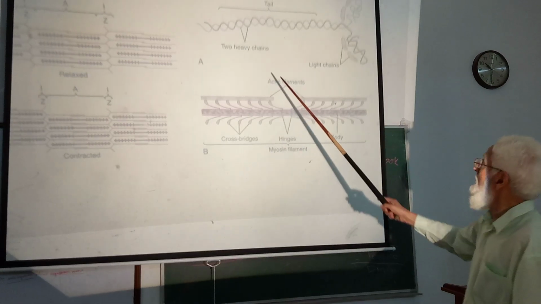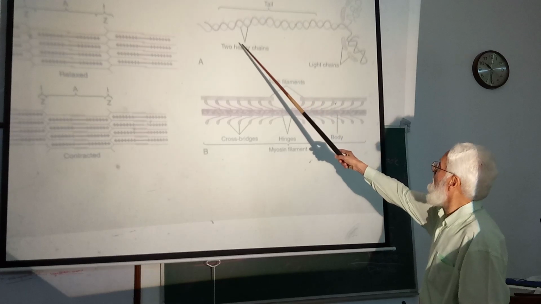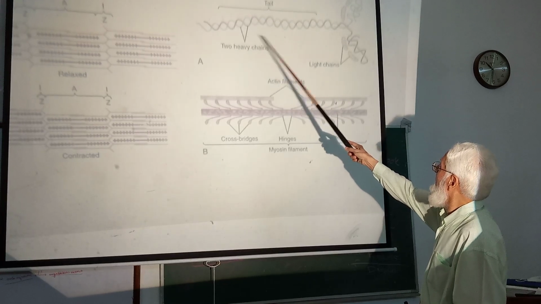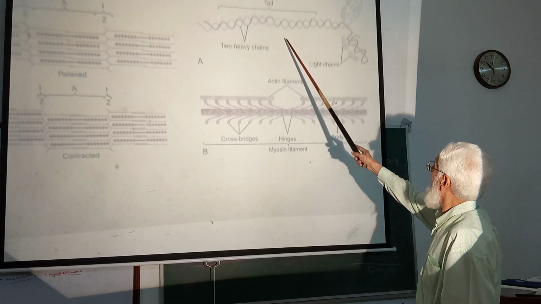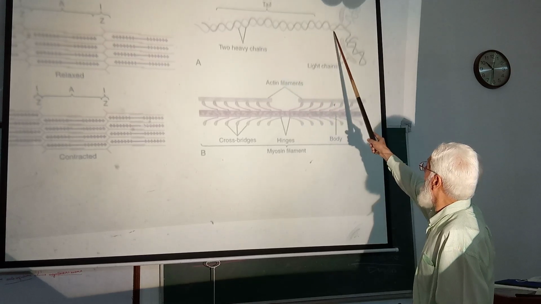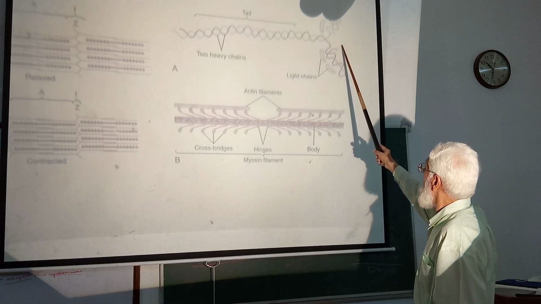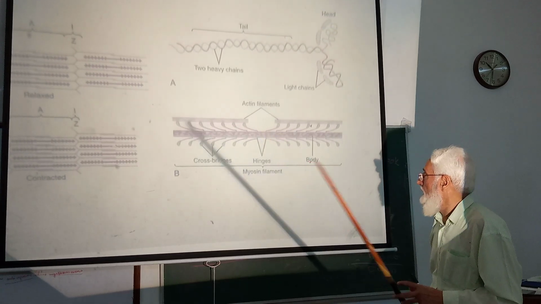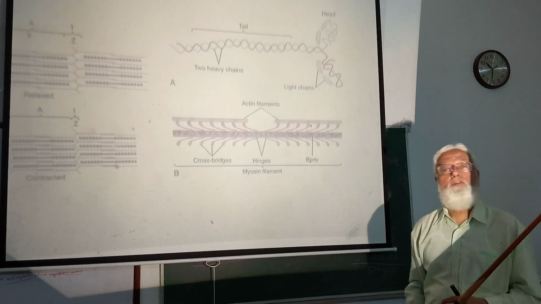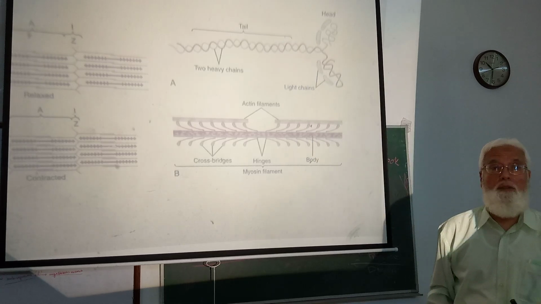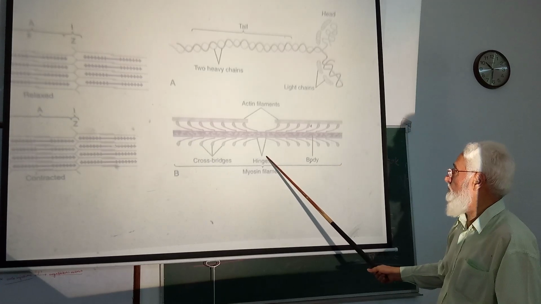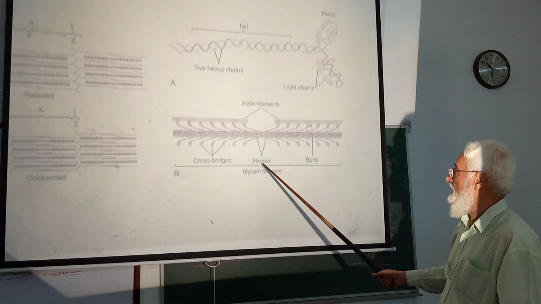You can also see the two heavy chains wrapped together to form a double helix, the tail portion, the arm portion, and the head portion. These two points at which the myosin molecule is highly flexible are called hinges.